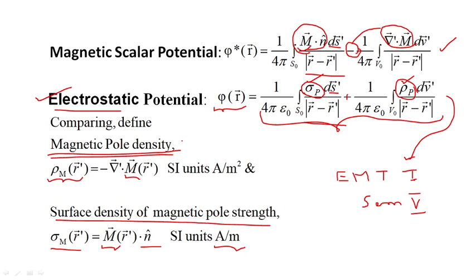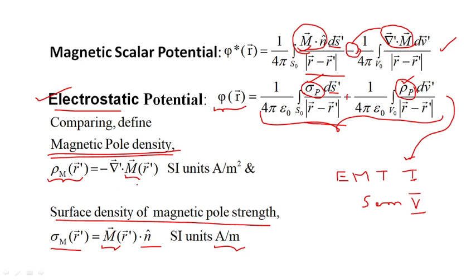So in comparison with electrostatics, we have also defined the pole density here. One is the magnetic pole density rho m, the other is the surface density of magnetic pole strength sigma m, and the formulas are minus del dash dot m and m dot n cap.